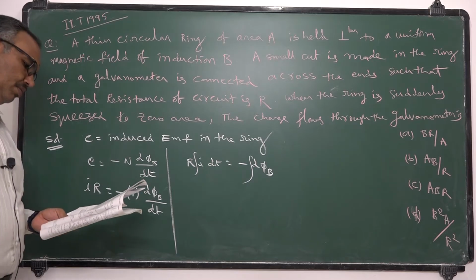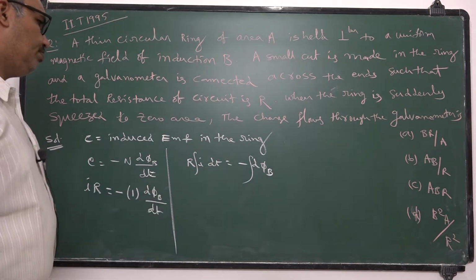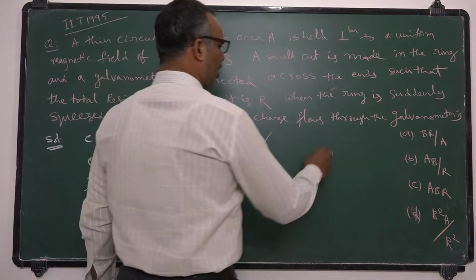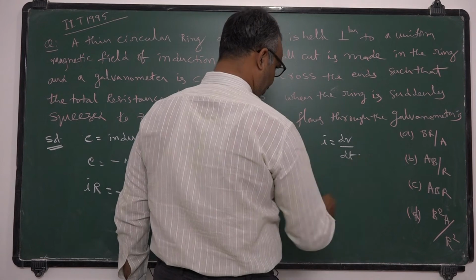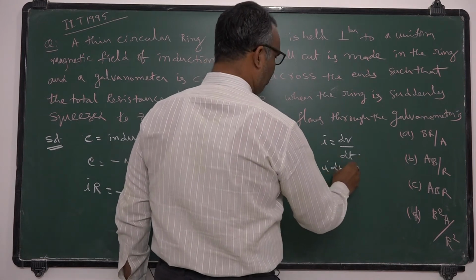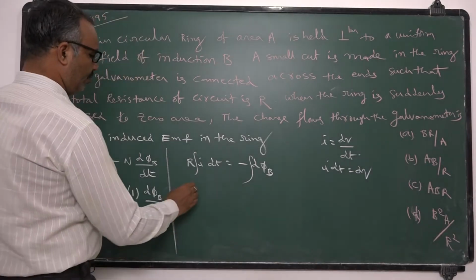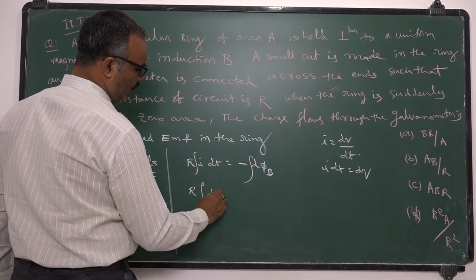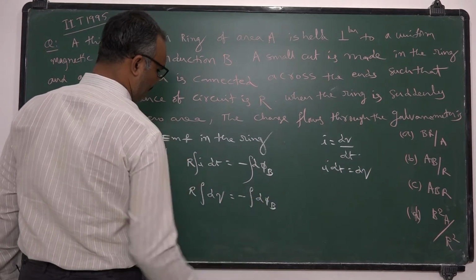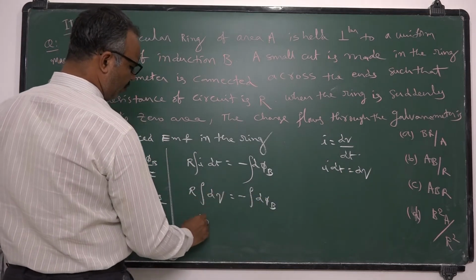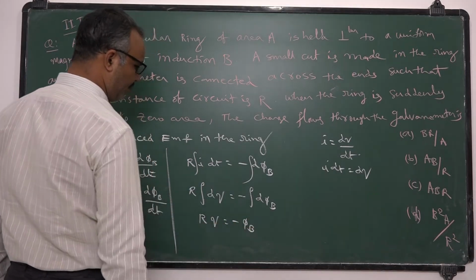Now, you know that current is nothing but dq by dt. So I dt can be replaced with dq. So R integral dq is equal to integral d phi B. Integral dq is q. So Rq is equal to minus phi B.